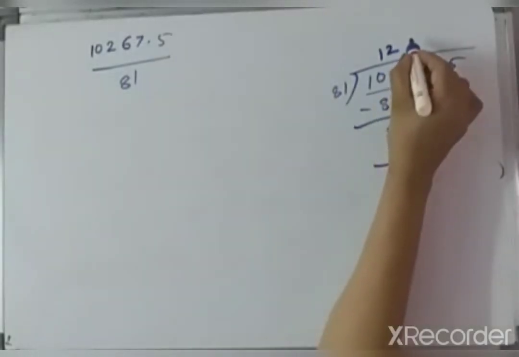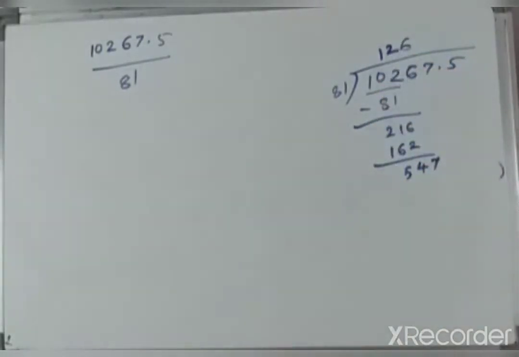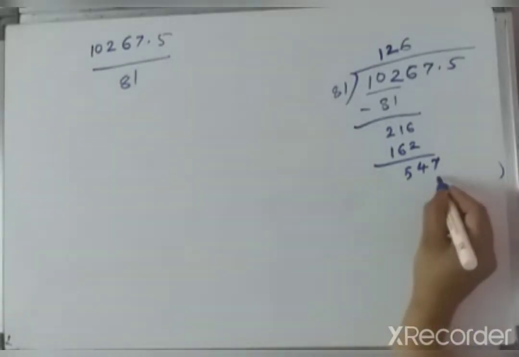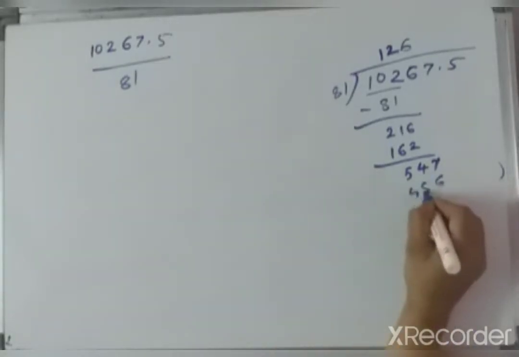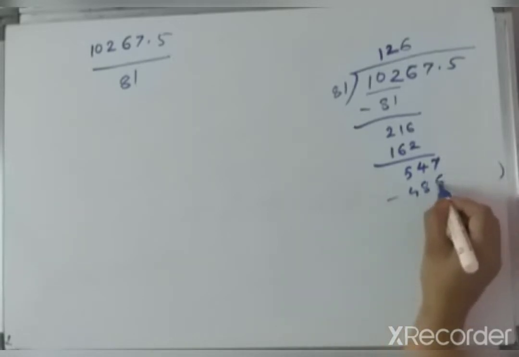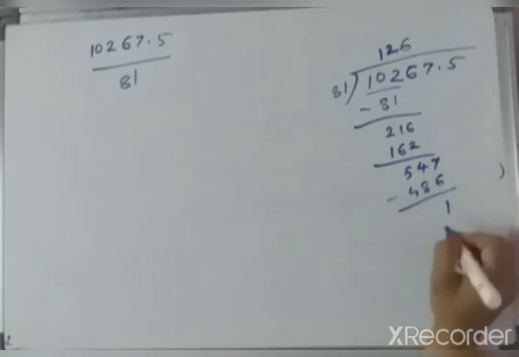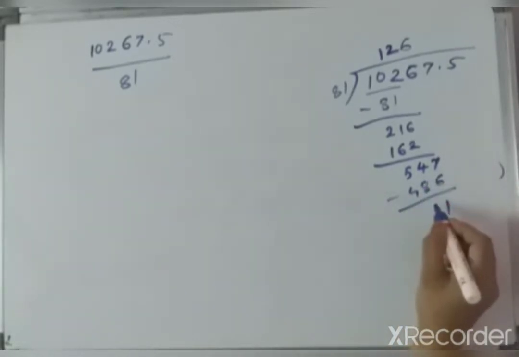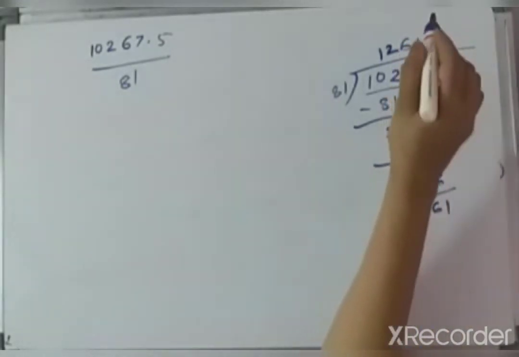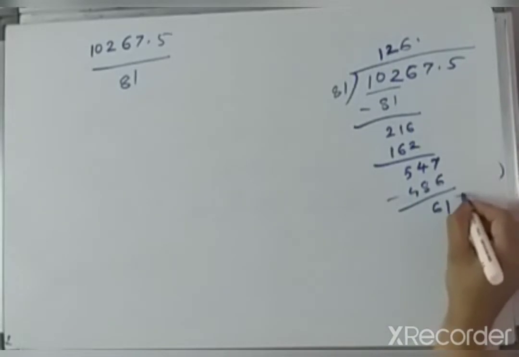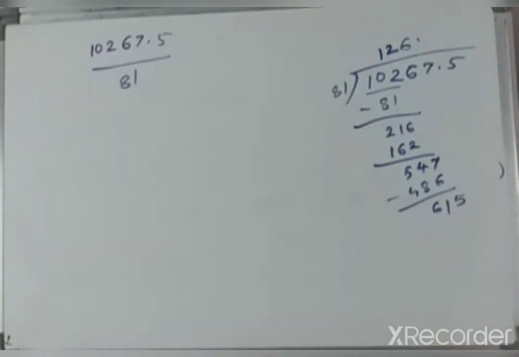Sixth step of 81: 486. Decimal point. 5 we will take down.